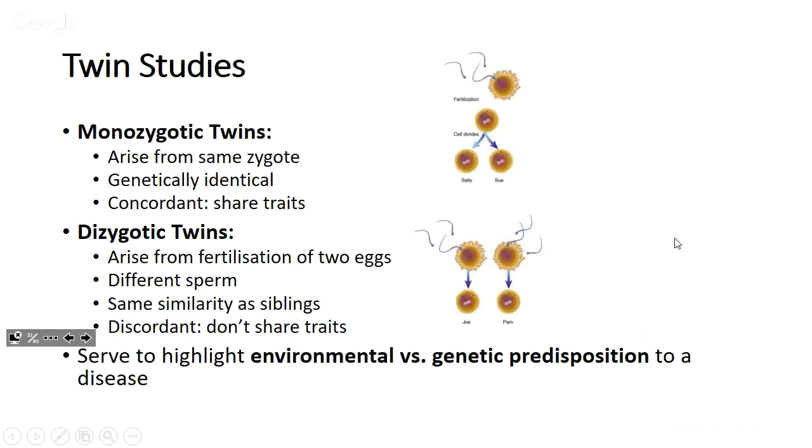There's nothing more similar about dizygotic twins than just a normal brother and sister that were born at separate times. So what that means is if we follow monozygotic twins and dizygotic twins and we follow their phenotypes and what conditions they do and don't have and what they share and don't share, we're going to have a very good understanding of whether it is a genetic predisposition or an environmental predisposition that defines whether an individual has a condition, because twins are hopefully brought up in the same environment.